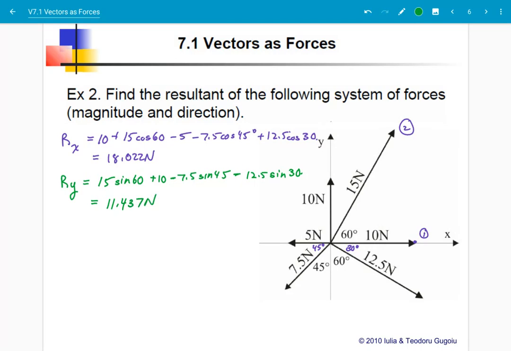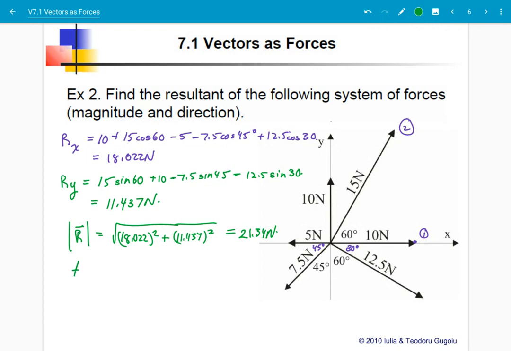And we have 11.437 newtons. The resultant magnitude is the root of 18.022 squared plus 11.437 squared. That gives us 21.34 newtons.